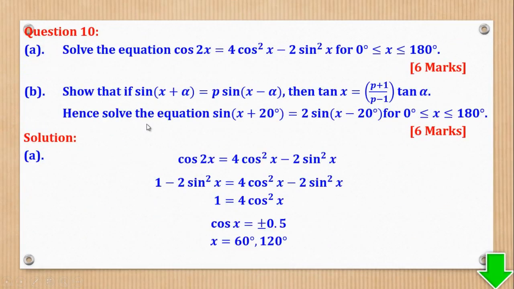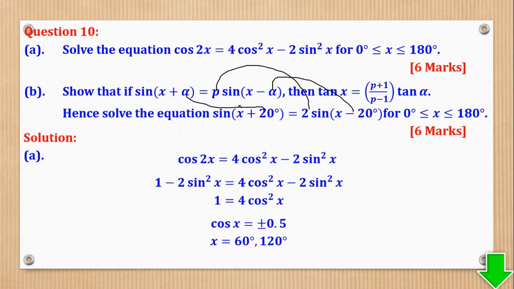So the hence part, they said hence solve this equation for the values of x ranging from 0 to 180. Hence means we start from here. So what does this mean? It means that alpha is equal to 20 degrees, p is equal to 2, and alpha is 20, we have already seen that.